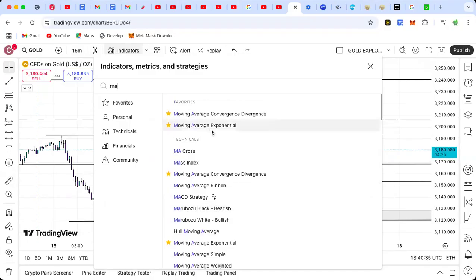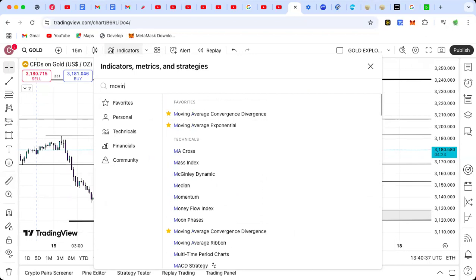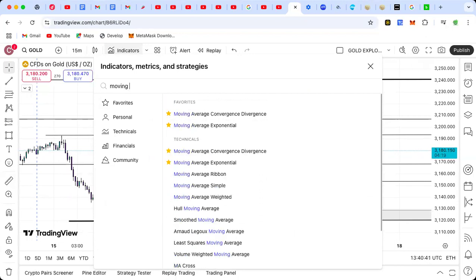So you search for moving average. You're going to see moving average, simple moving average, all of those things. You can use exponential moving average or moving average exponential. So you add it to your page.